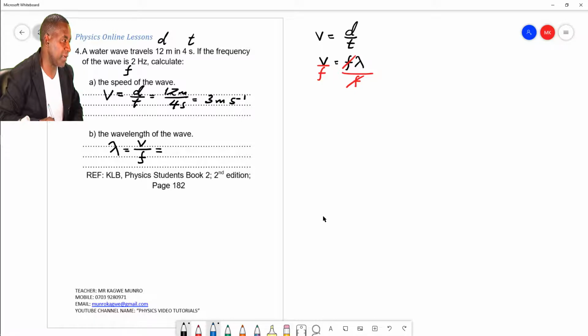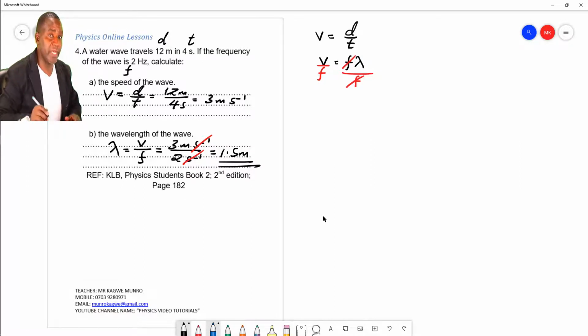The speed is 3 meters per second. The frequency is 2 Hz or 2 per second. Again, you can see how the units cancel out so well, giving me an answer of 1.5 meters. Very easy. Let's go to the next one.